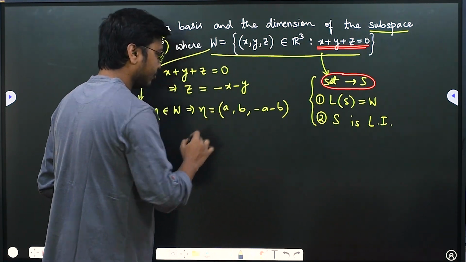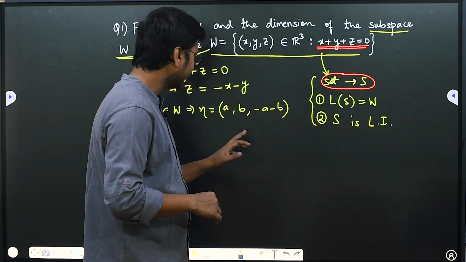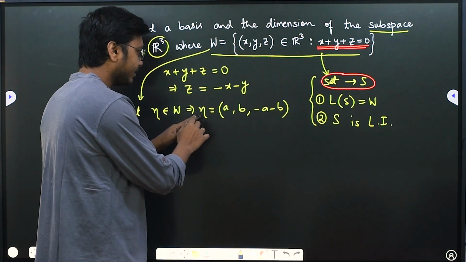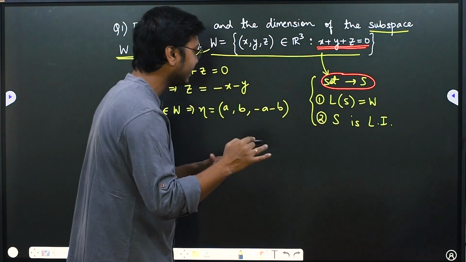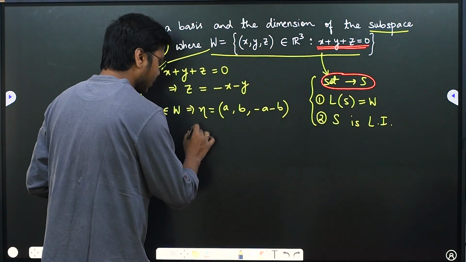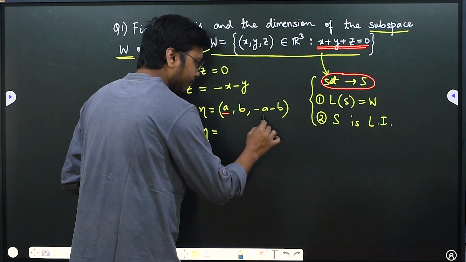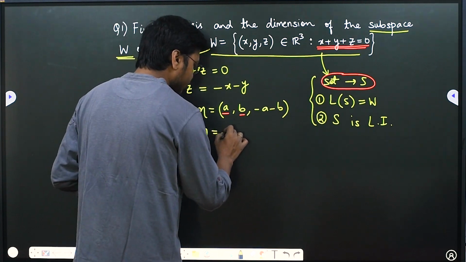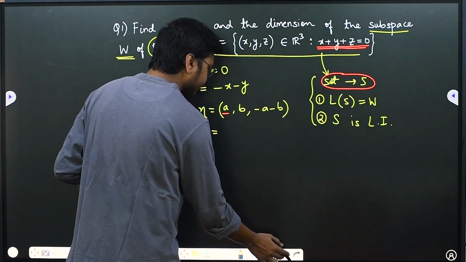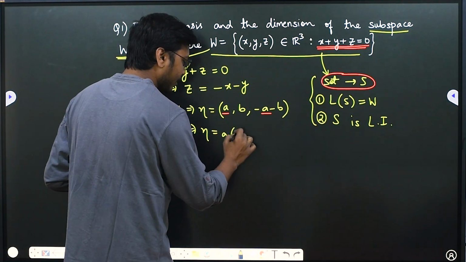Now first let me construct the S set, then I will be able to say such things. I will be taking the variables that I have, which are a and b, and take them common. If I take a common, I have a over here and a over here, so I'll have 1.